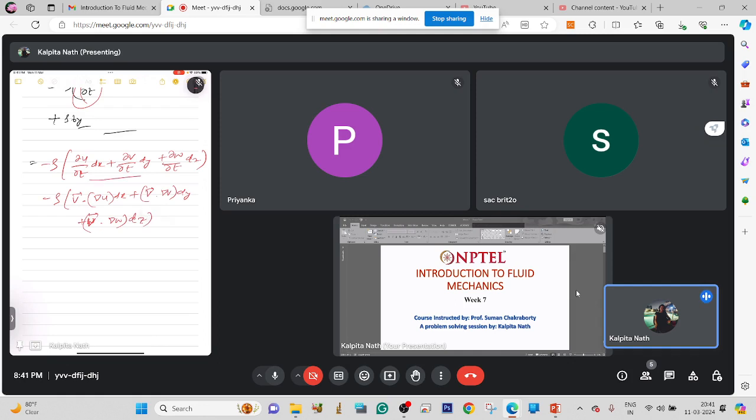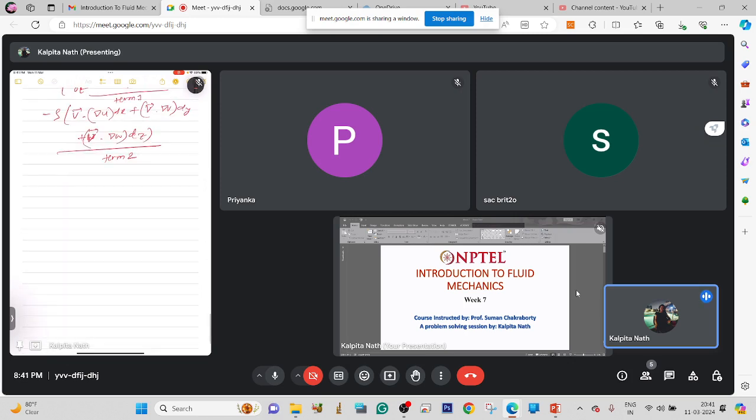So this is term 1, this is term 2, and another one that is left, that is the body force term, that will be bx dx plus by dy plus bz dz. So this is term 3.